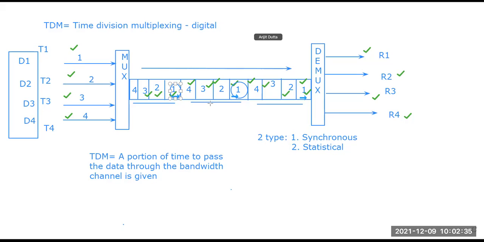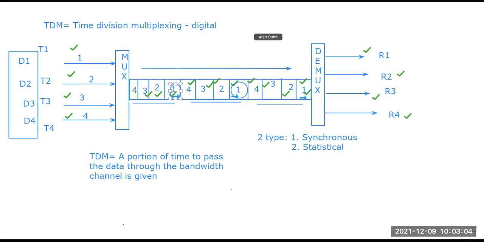The time share is given to the devices that are already connected. If it is sending data, then it will be sent. If there is nothing to send, then it will be idle for that time, right? So this is the process, or the concept, of synchronous time division multiplexing, synchronous TDM.